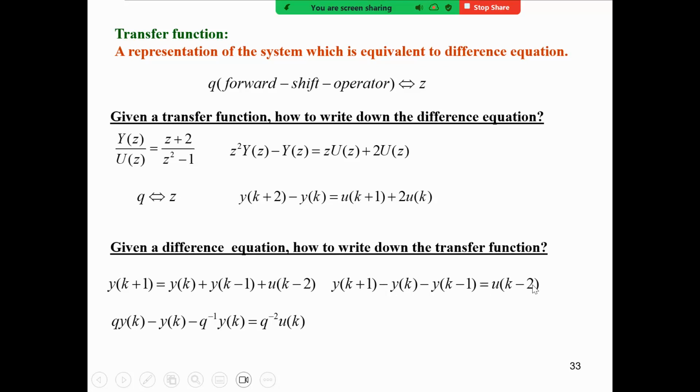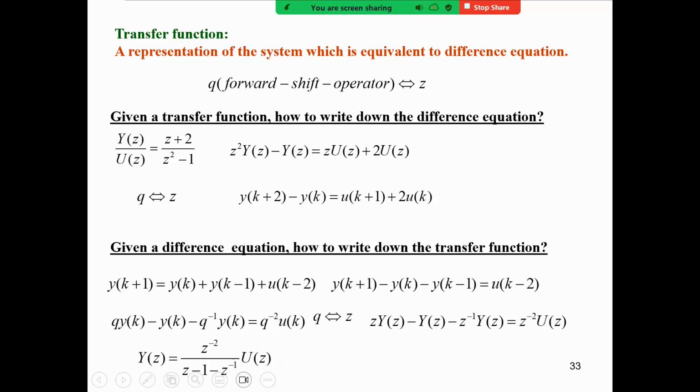The backward shift by 2, right, is Q minus 2. Then the shift actually means Z in the Z domain. Therefore, we have Z times Y(Z) minus Z inverse Y(Z) equals Z to the minus 2 U(Z). In this way, you express the output by the input. Then this must be the transfer function.